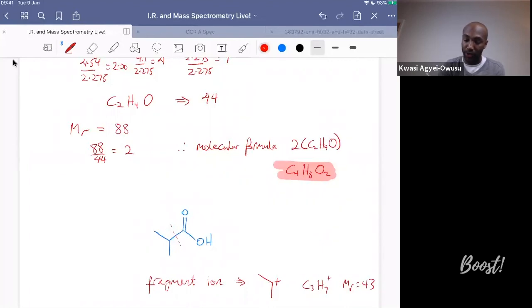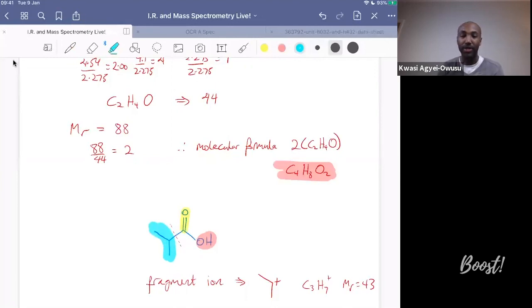So we've got our carboxylic acid OH, which we identified from our infrared spectrum. We've also got the carbonyl of our carboxylic acid, and we've got in blue this secondary carbocation fragment.